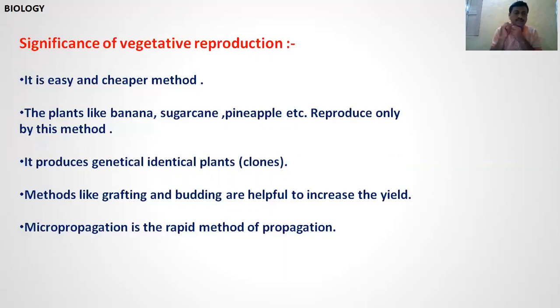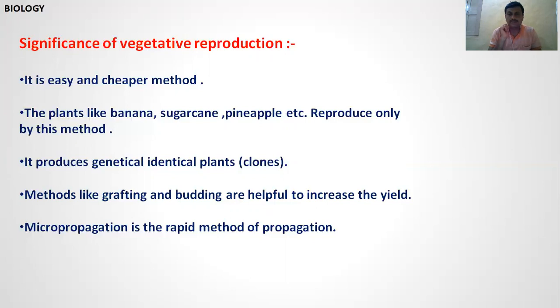It is a very fast procedure. Plants like banana, sugarcane, apples, pineapples, etc. reproduce only by this method. It produces genetically identical plants, like clones. It is an exact copy of the parent plant.